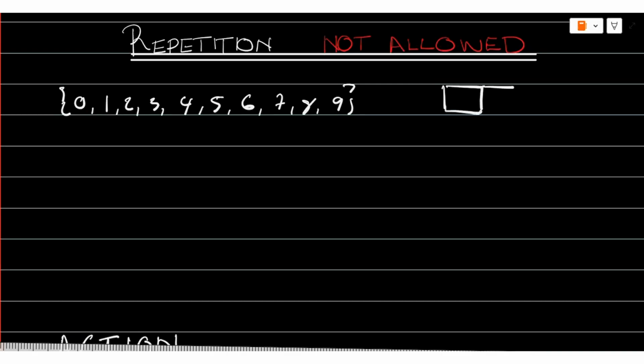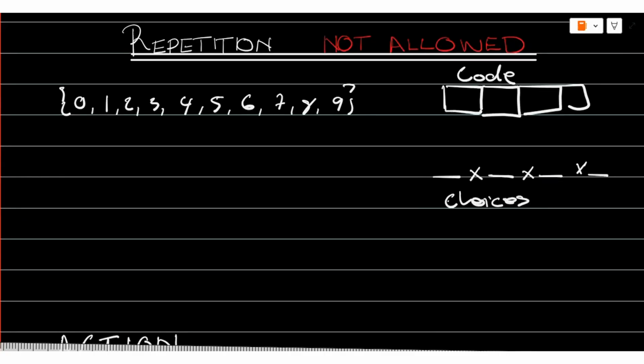So these will be the numbers that we choose in each step. Right. So this is the code. Here we want to put down the number of possible choices that we have in each step, by each selection. So let's call this choices or options that we have, right?